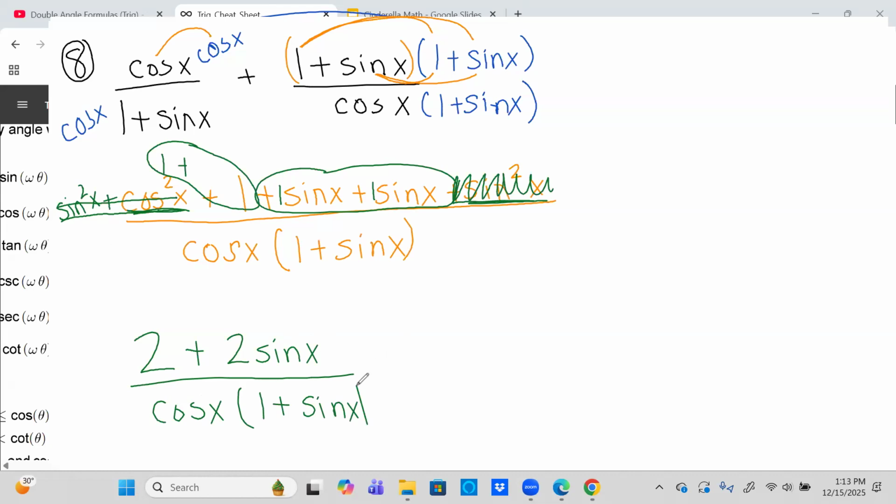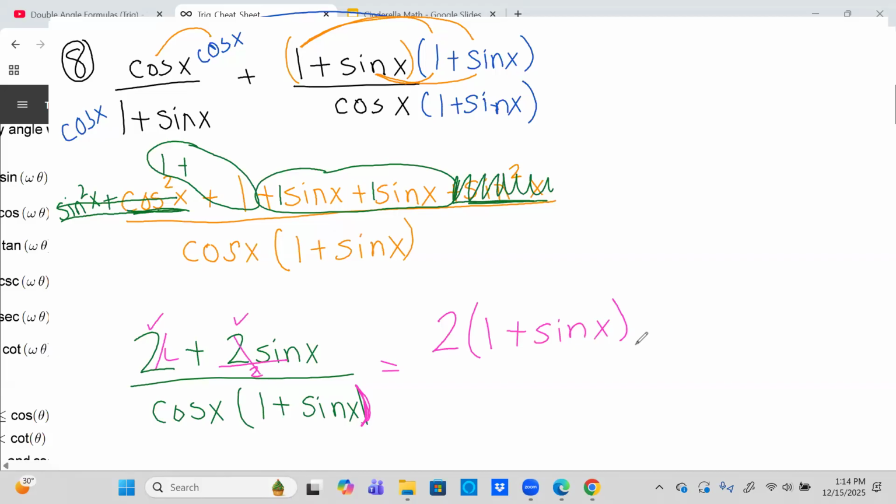Okay, that's a parenthesis. This pen is not working. On the top, this has a 2, this has a 2. So let's factor GCF a 2. So divide by 2, which will leave 1. Keep the plus. Divide by 2, so this would cancel and leave sine.